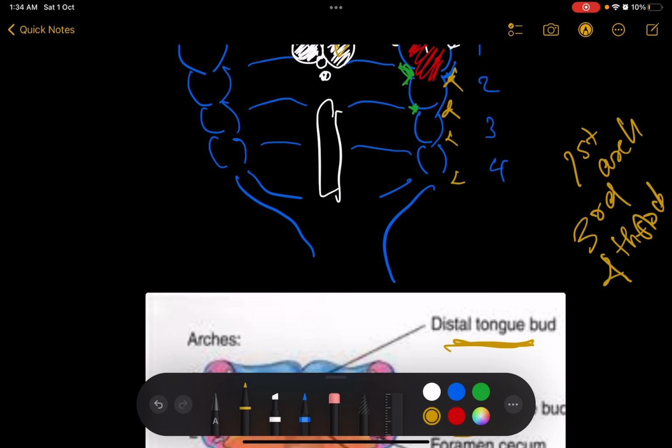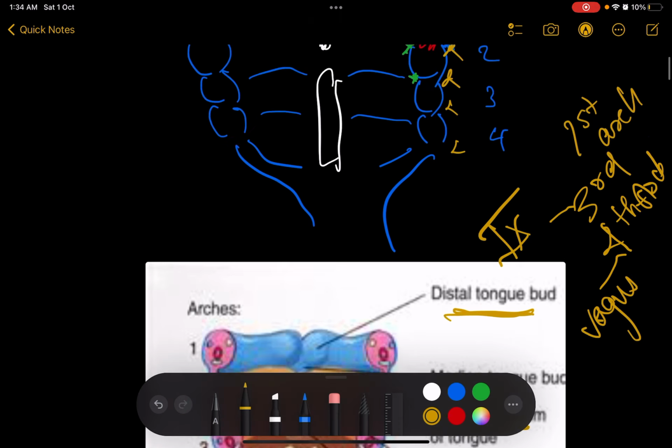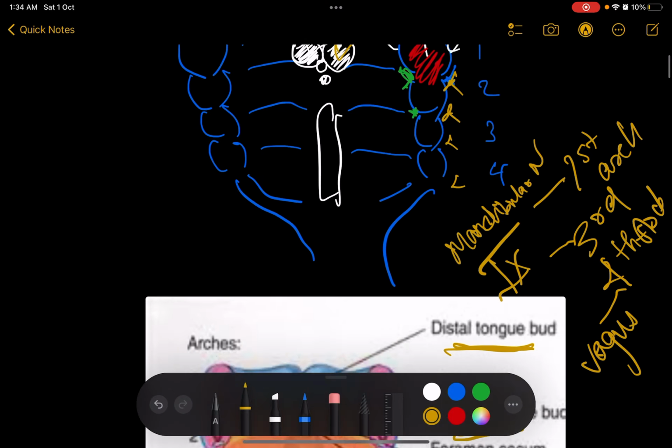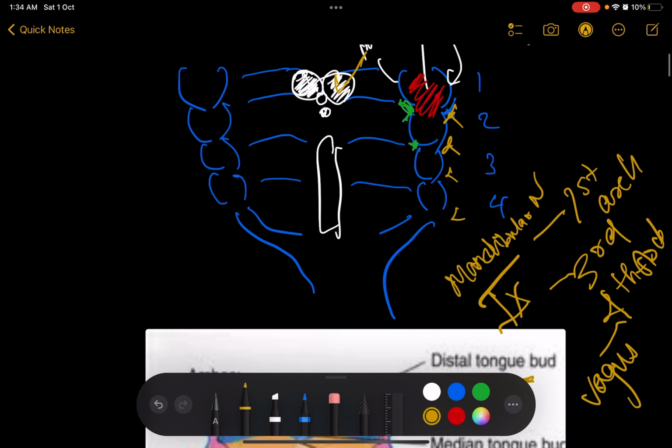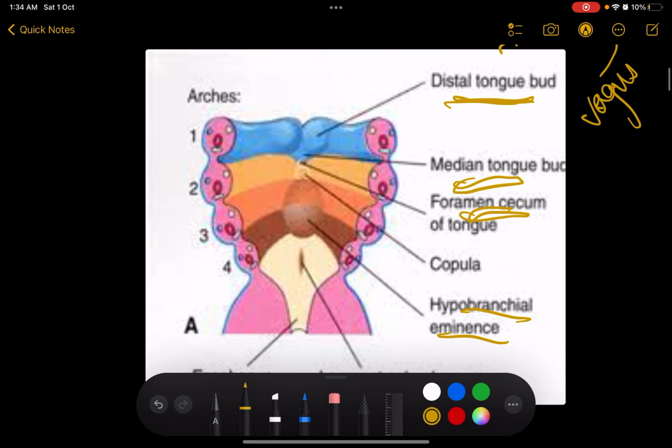Now the third arch has the nerve glossopharyngeal, the fourth arch has the nerve called vagus, and the first arch has the mandibular nerve. Therefore, we'll look at the tongue later.